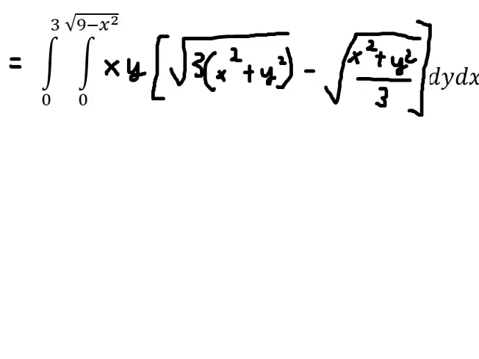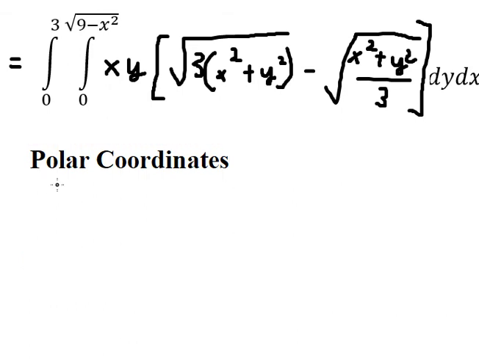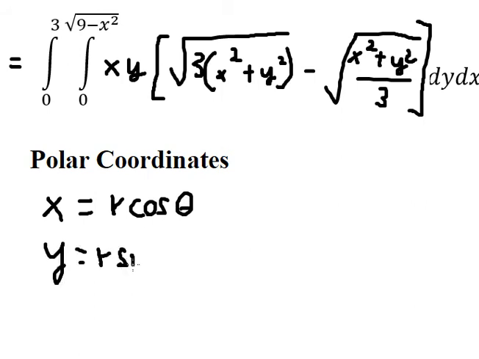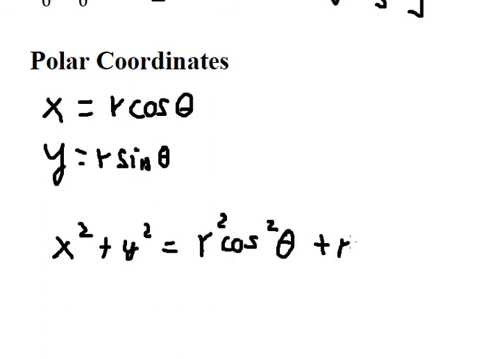And now we can use polar coordinates. So I will put x equals r cosine theta, y equals r sine theta. x square plus y square equals r square cosine theta square plus r square sine theta square.